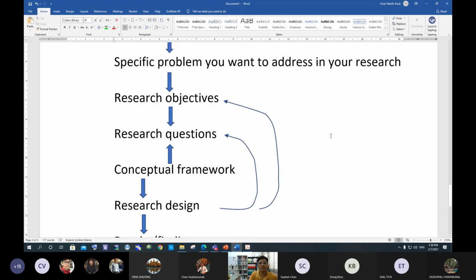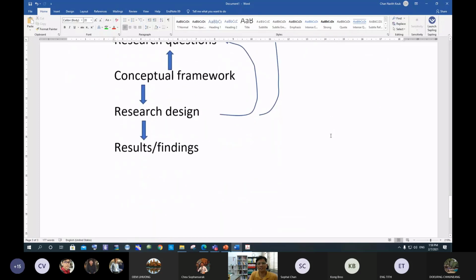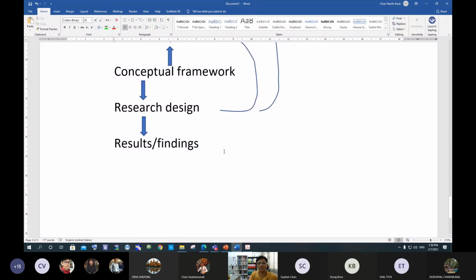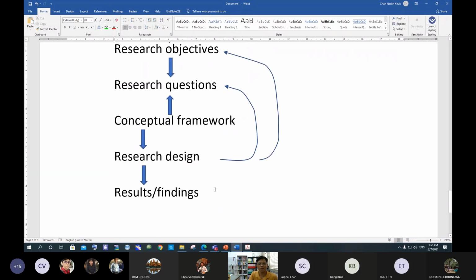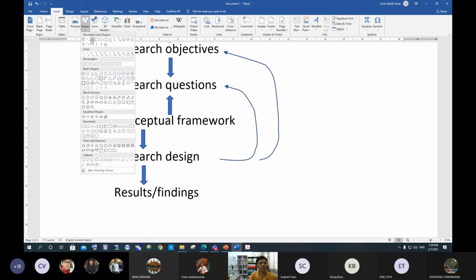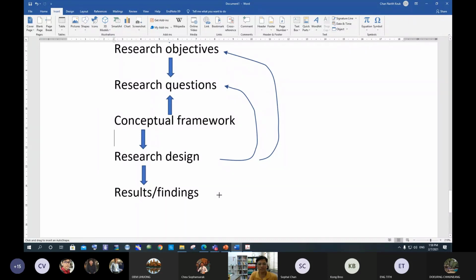Okay, so you can see things like that. And then the findings are also the same thing. Let's go together with that point. Let me insert some more drawing this way.